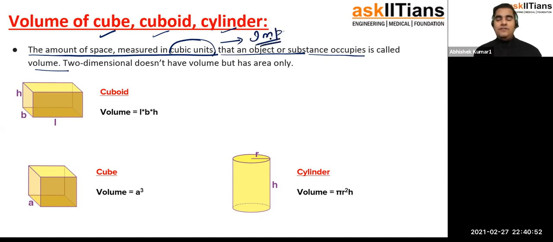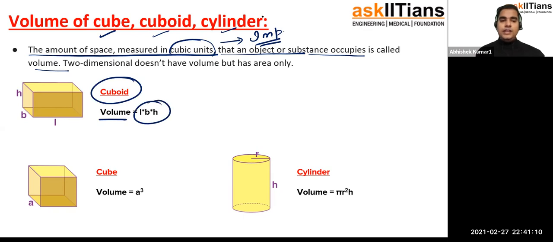And the important point to note here is it is given in cubic unit. Like when we were talking about area, it is generally given in terms of square units, and volume is given in terms of cubic unit. That should be very, very clear to everyone. So the volume of cuboid is given by L into B into H, because actually cuboid is a combination of H number of rectangles, put together one over another.